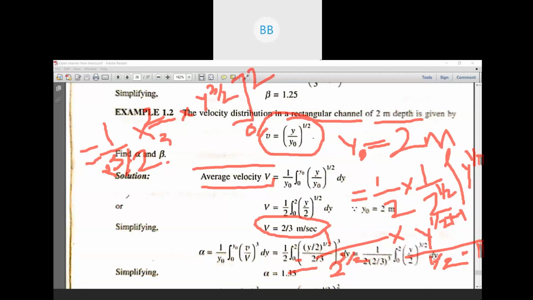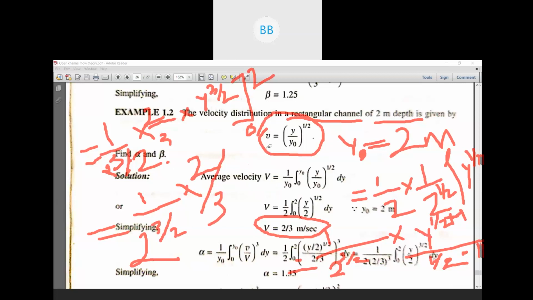If you are going to solve again, 1 by 2 to the power 3 by 2 multiplied by 2 by 3, multiplied by, we have to first substitute the maximum limit, that is 2.